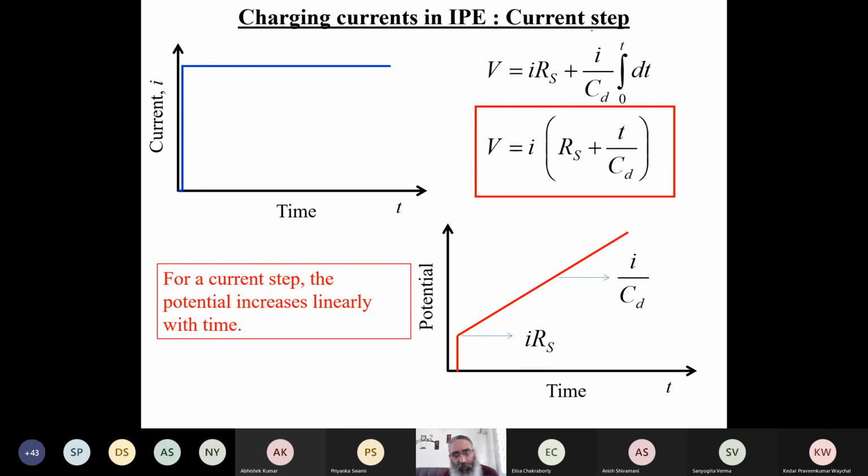We apply a current step to the system. That means current starts from I equal to 0 at t equal to 0, and then it is stepped up to some finite value, after which the current is held constant with respect to time.